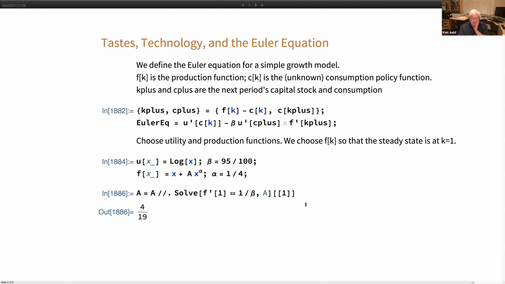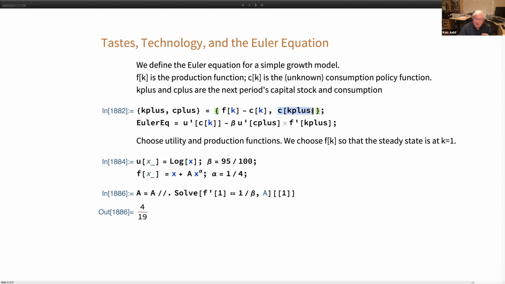So now K plus is going to equal F of K minus C, net output minus consumption. And C plus will be equal to C of K plus. So C of K is the unknown consumption function. Consumption today is a function of today's capital stock.